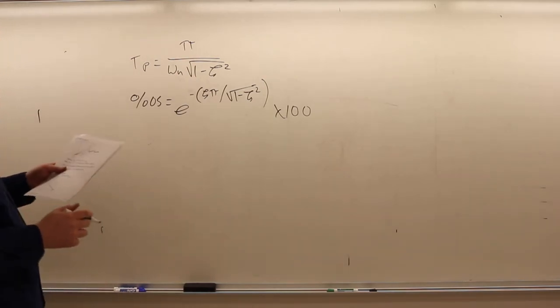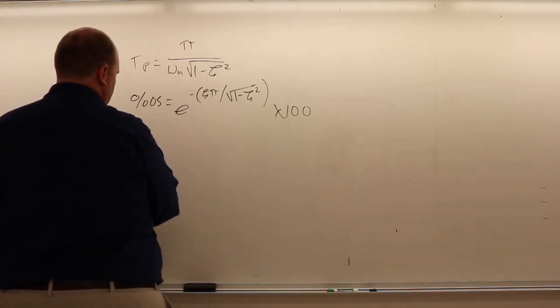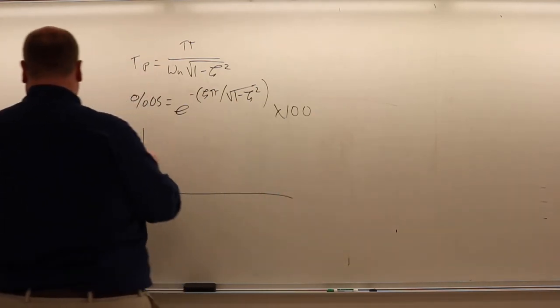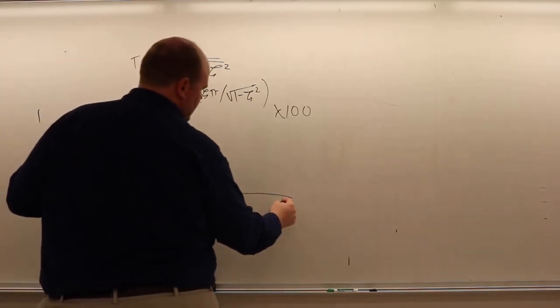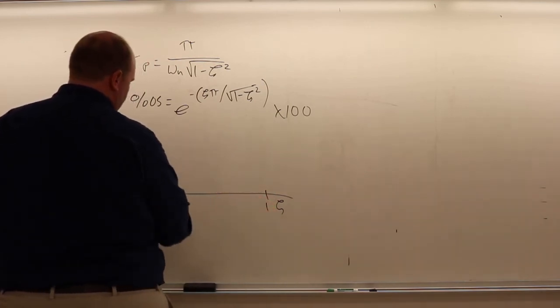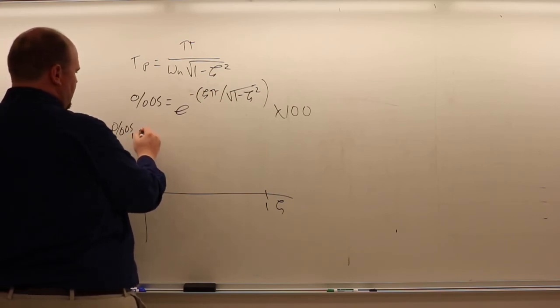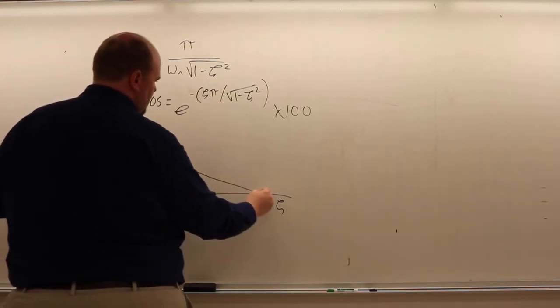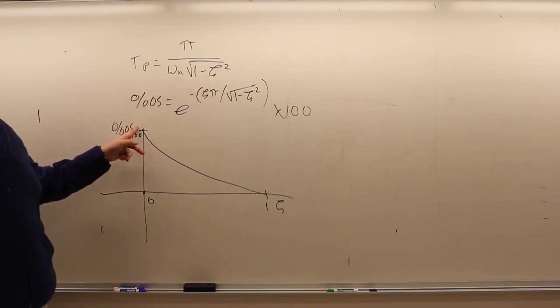Now, what does this look like? If we look at percent overshoot versus damping ratio, as the damping ratio goes from 0 to 1, the percent overshoot goes from 100 to 0. 100% overshoot with a damping ratio of 0?